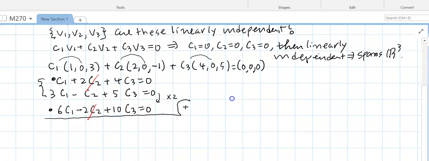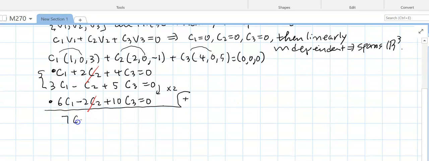So I have 7C1 plus 14C3 equals 0. What does that mean? That means 7C1 equals negative 14C3. That means C1 equals negative 2C3.